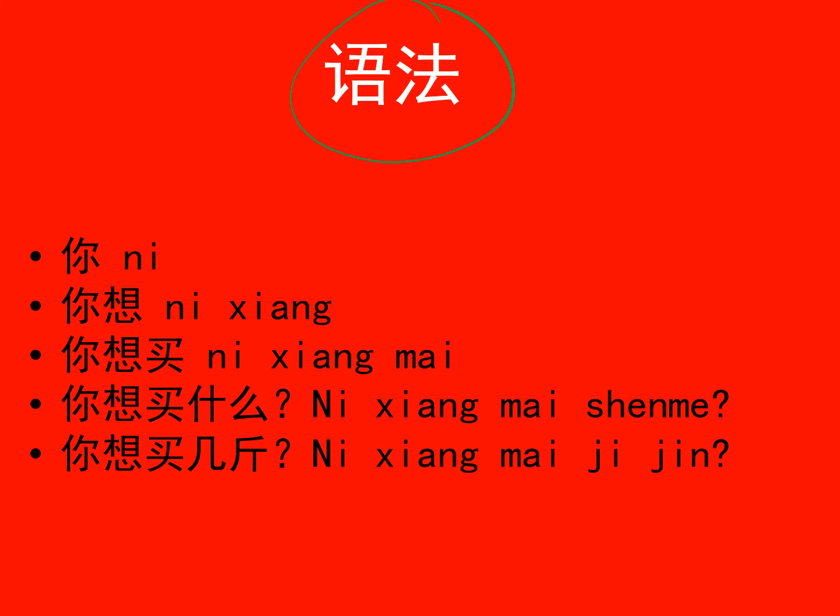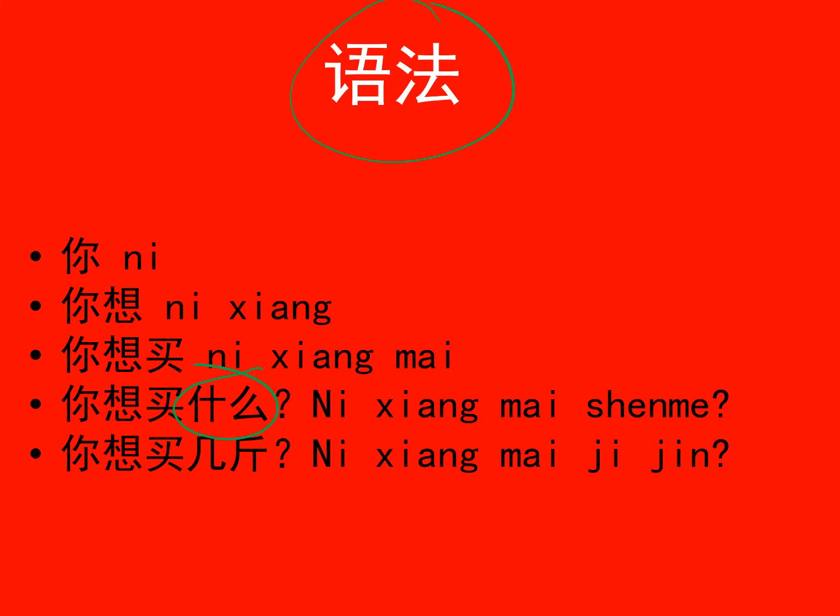So if you look at this like a ladder, like a staircase, 你 you, 你想 you would like to, 你想买 you would like to buy, 你想买什么 question word 什么 what, so what would you like to buy? And compare the bottom two questions.